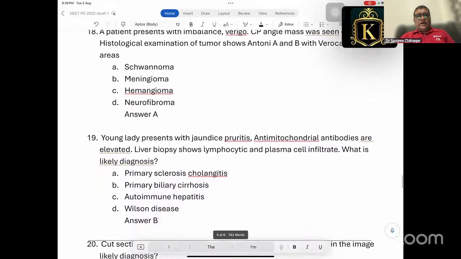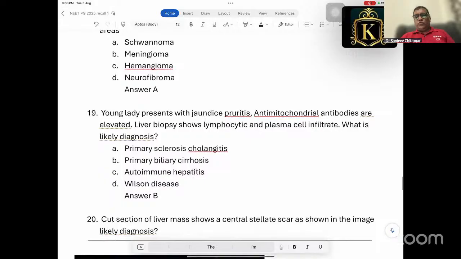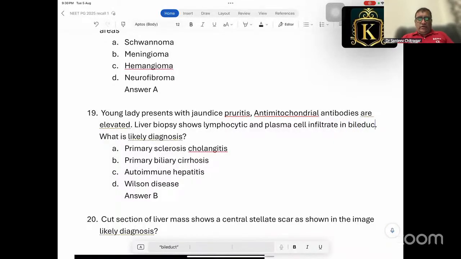Next, a young lady presents with jaundice and pruritus. Anti-mitochondrial antibodies are elevated; AMA is positive. Liver biopsy shows lymphocytic and plasma cell infiltrate in the bile duct. So, what is the likely diagnosis? The likely diagnosis is primary biliary cirrhosis.